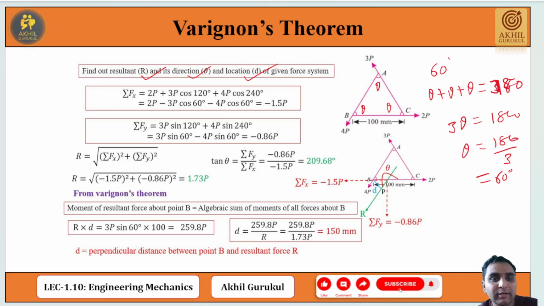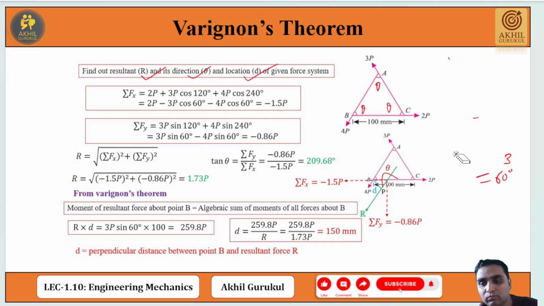So equilateral triangle has each angle equal to 60 degree. So here each angle is 60 degree.